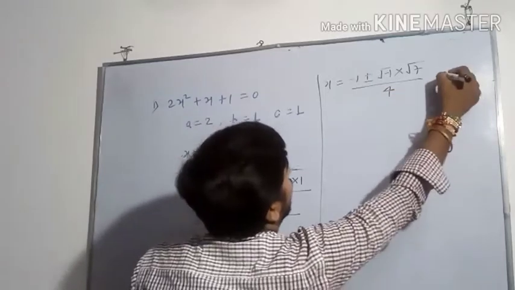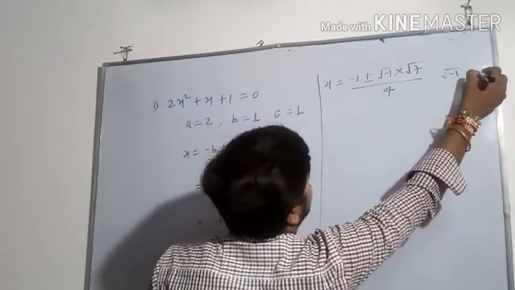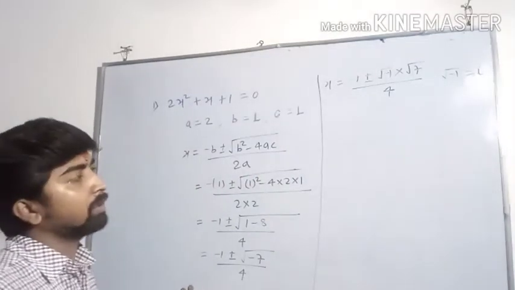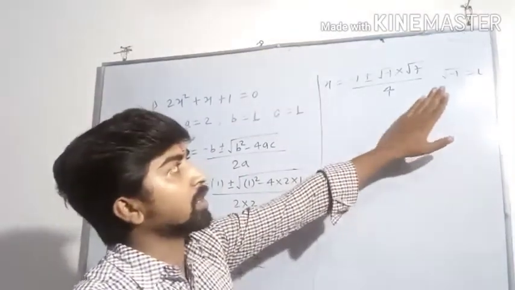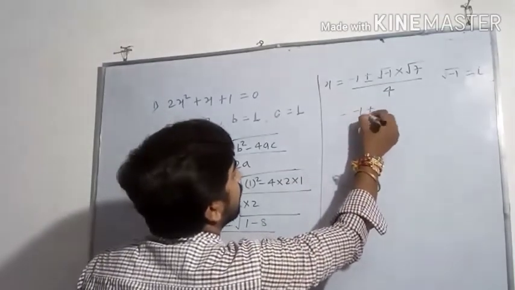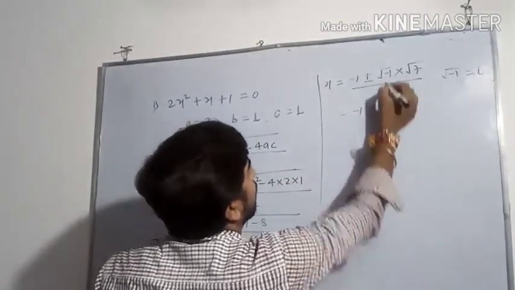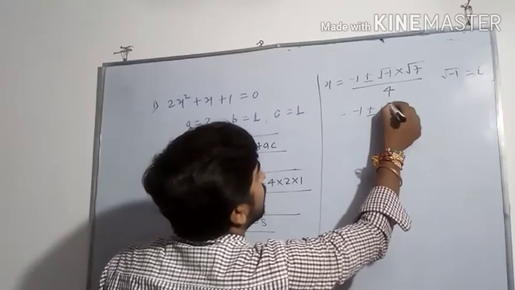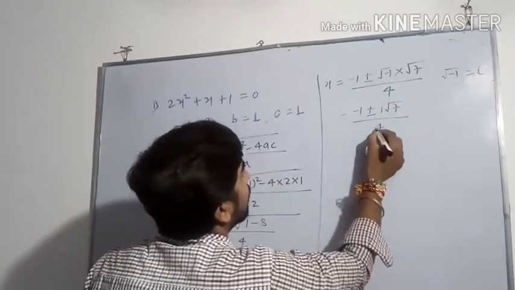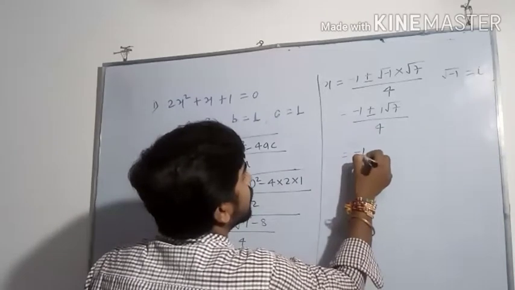Since we know under root minus 1 equals iota, I, we will write I here: I under root 7 upon 4 and minus 1.